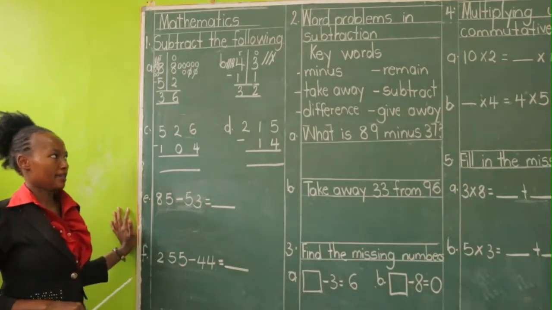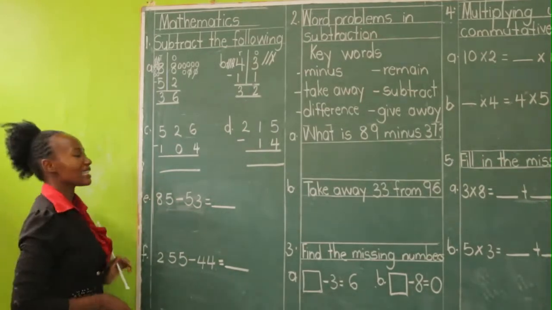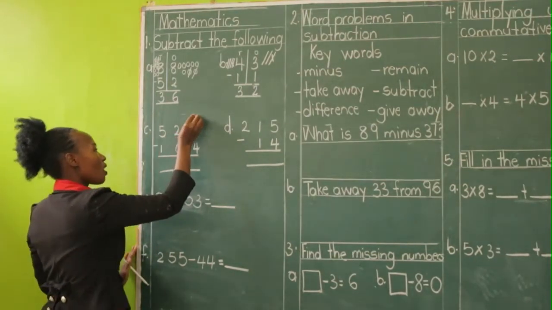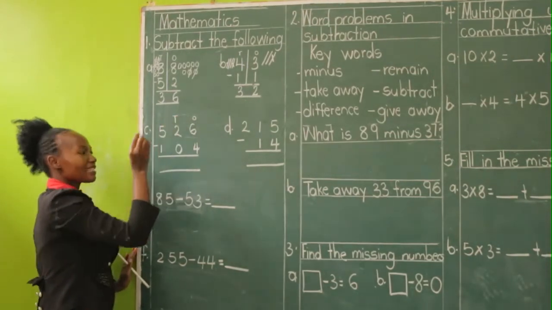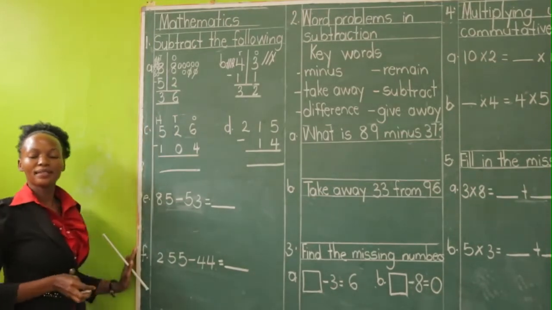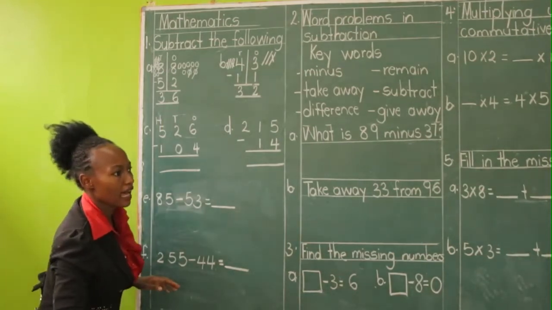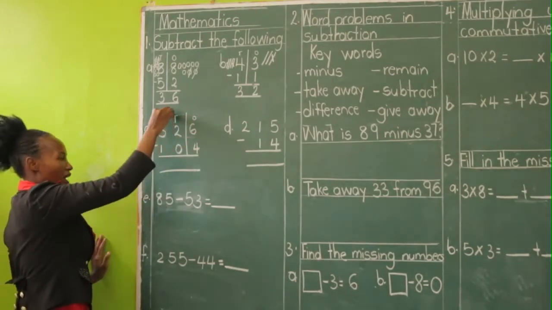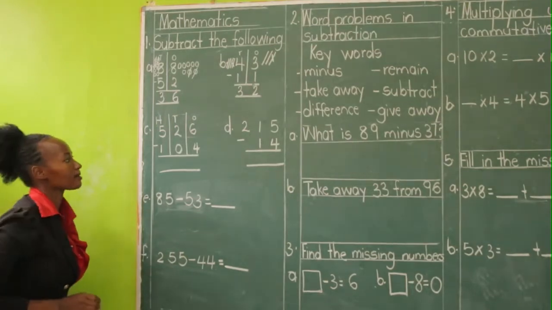Now the next number. When I look at this number, it has more place values. Remember we said start from ones, from our right hand. From ones we go to tens, then hundreds. Still, don't forget to separate the place values. I draw my line in the middle. Then I draw the sticks.